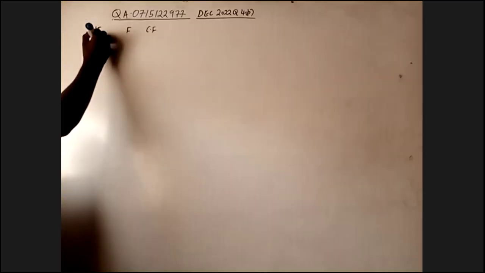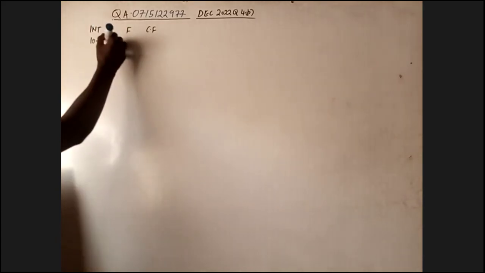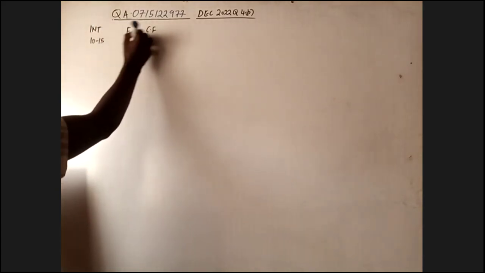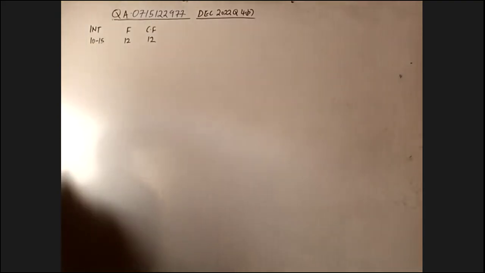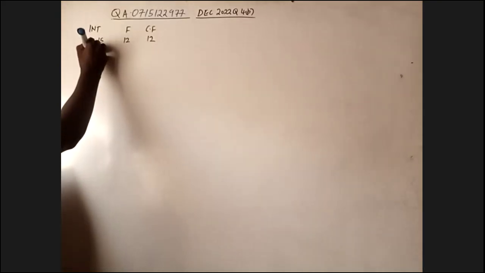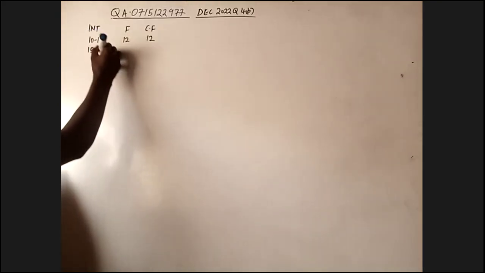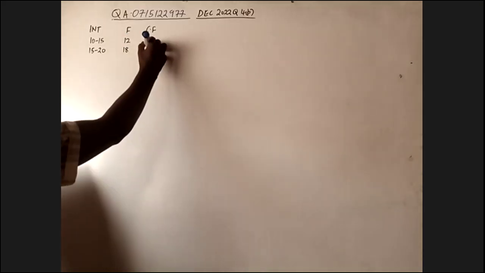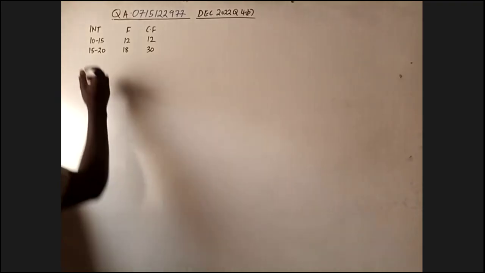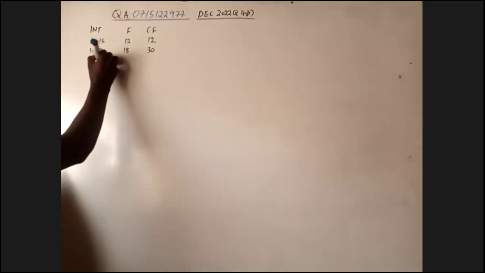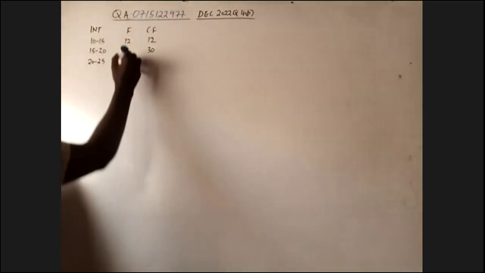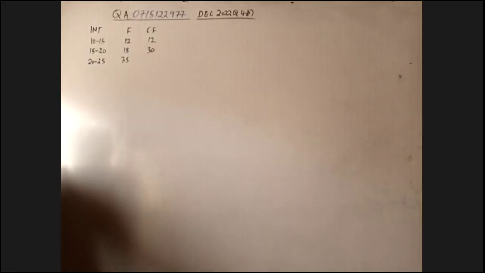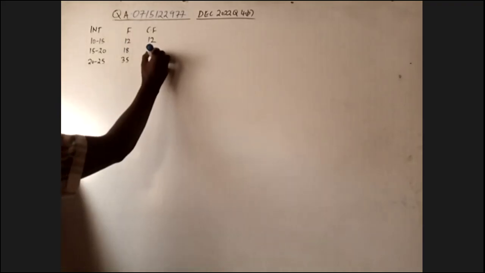We have 10 to 15, frequency is 12. What will be the cumulative? 12. Then 15 to 20, frequency 18, cumulative will be 30. 20 to 25, frequency 35. What will be the cumulative? 65.